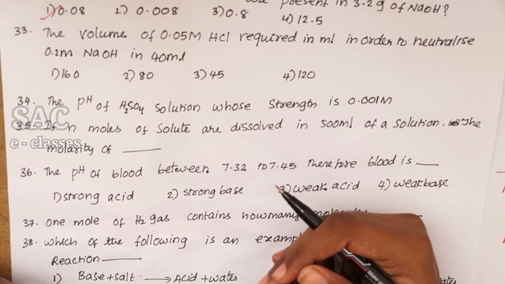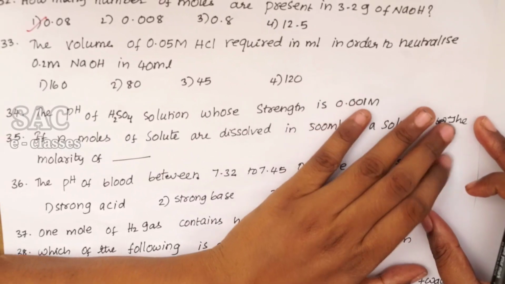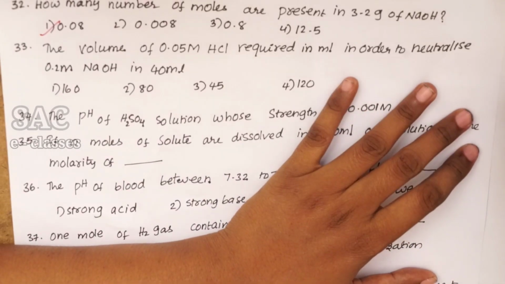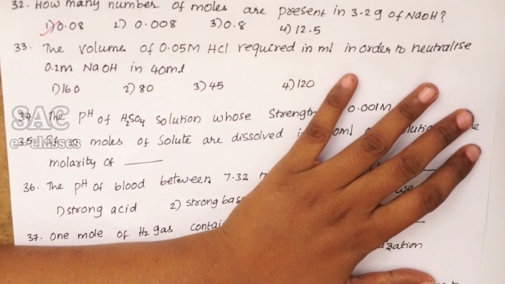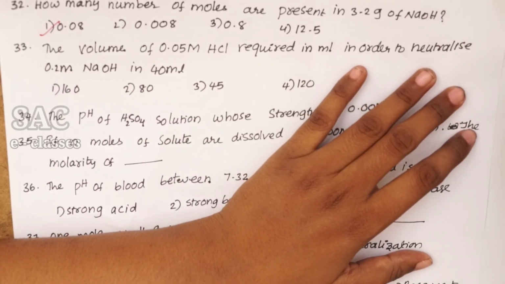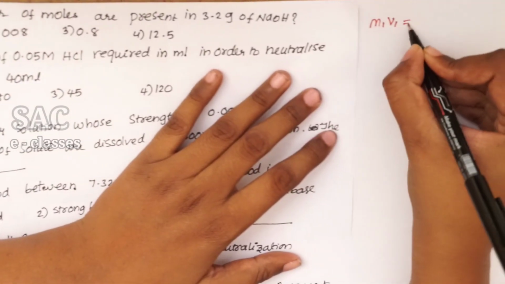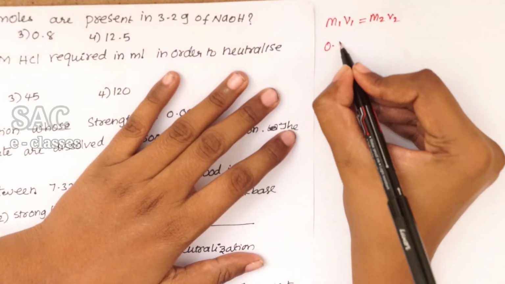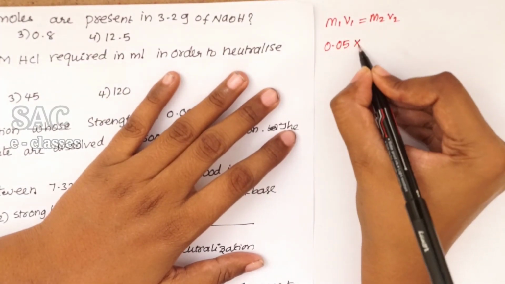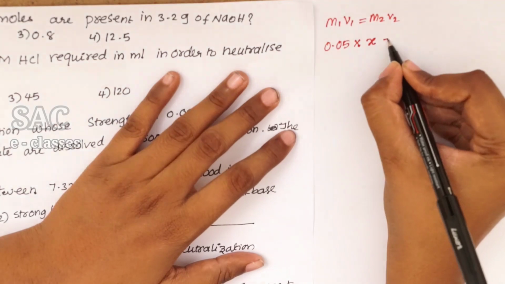Look at problem number 33. The volume of 0.05 molar HCl required in milliliters in order to neutralize 0.2 molar of NaOH in 40 ml. So we already know that M1V1 is equal to M2V2. 0.05 into, we don't know the volume.